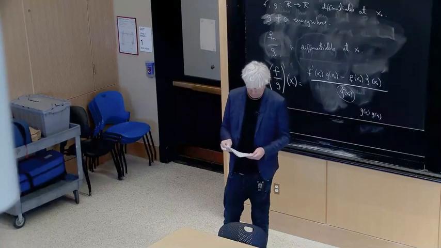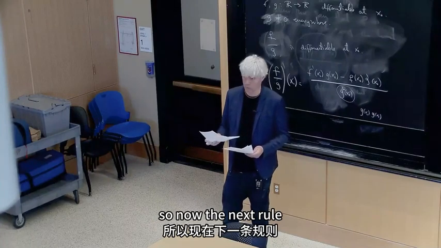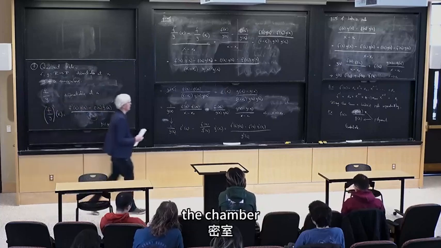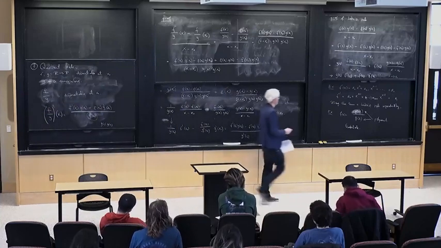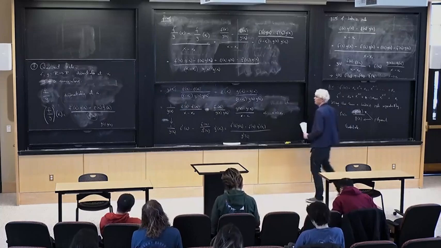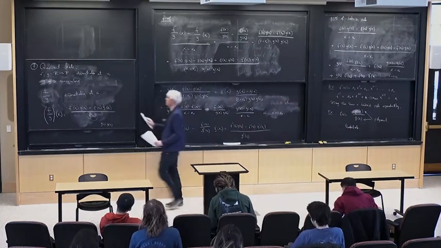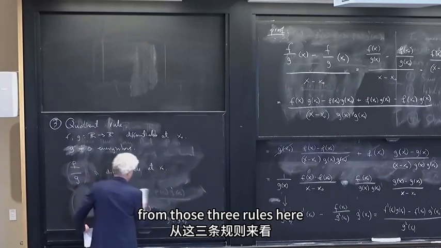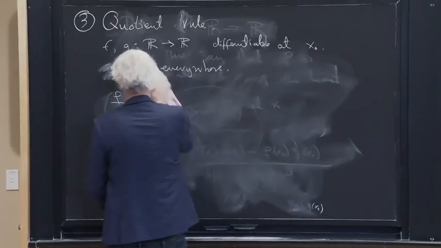Okay. So now the next rule that we want to talk about is the chain rule. So what is the chain rule? The chain rule is a little bit different from those three rules here.